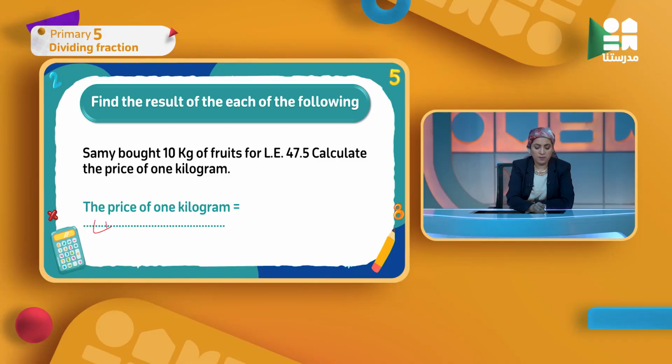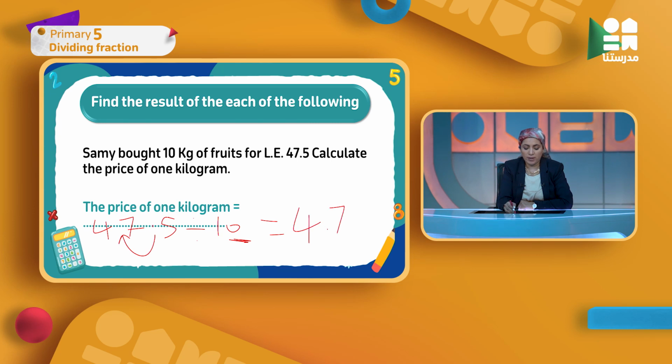The answer will be 47.5 divided by 10 equals, how many places do we have to move our decimal point? 1 place, because I have only 1 zero in the 10, so it will be 4.75 LE. The price of a kilo is 4.75 LE.